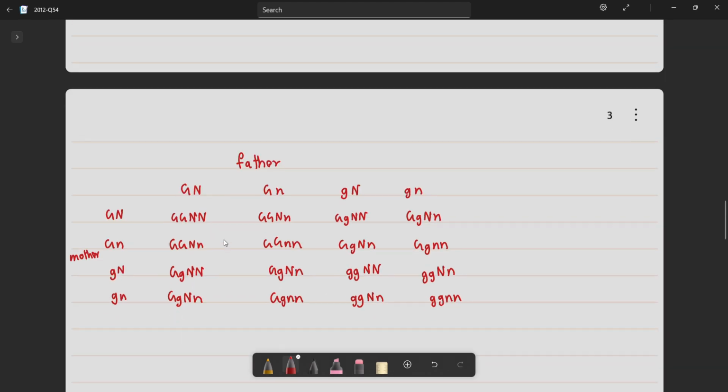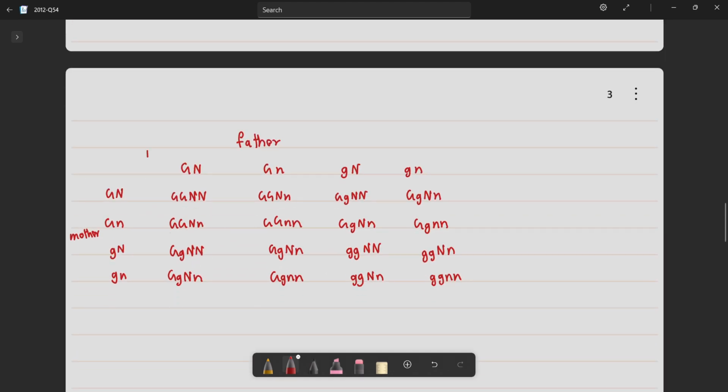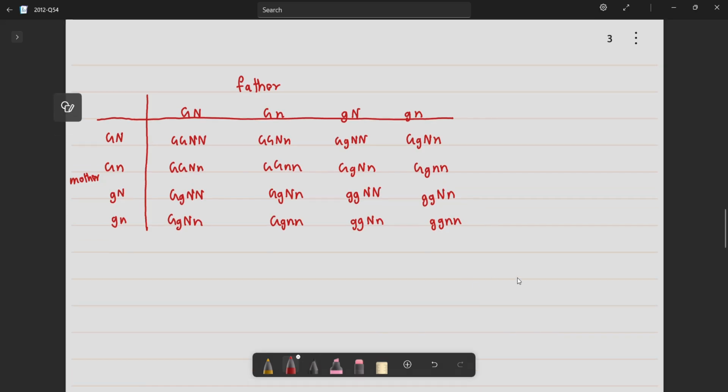Now these are the genotypes of the offspring produced by these parents with these genotypes. What we can do is list out their phenotypes, their certain traits produced by these genotypes. We know that we have 16 offspring produced, and overall there are nine different genotypes.